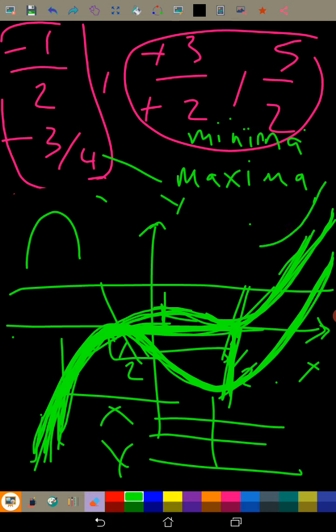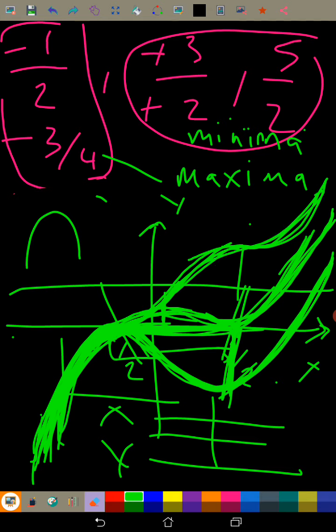So which means that it has a minima here. It goes like that. The maximum, I don't know if it's something like that. This is a minima.